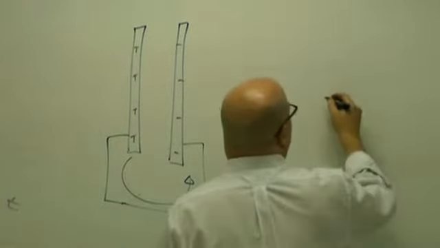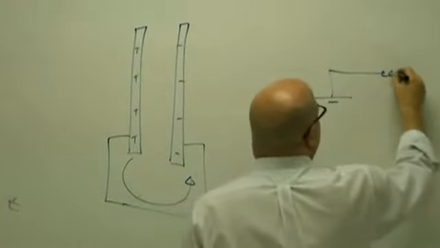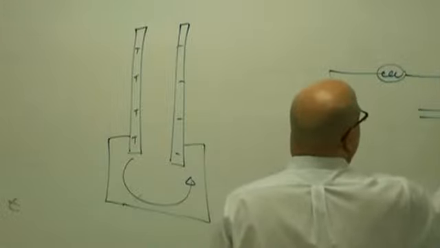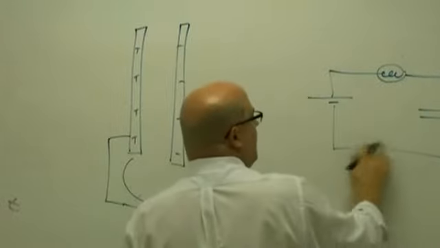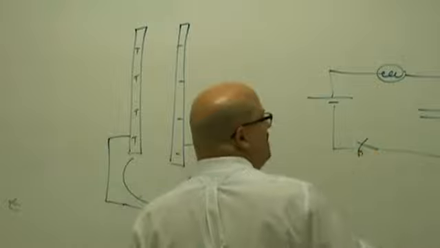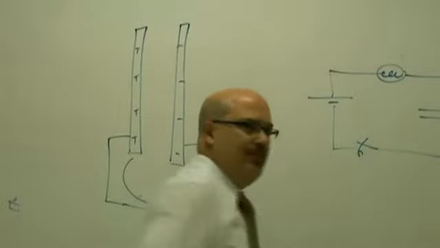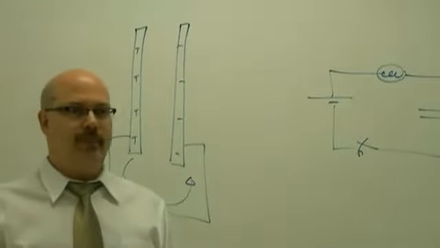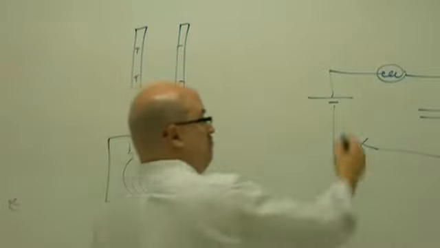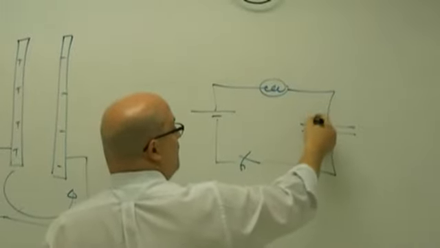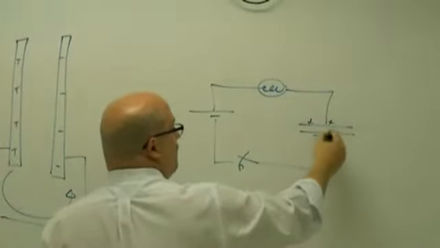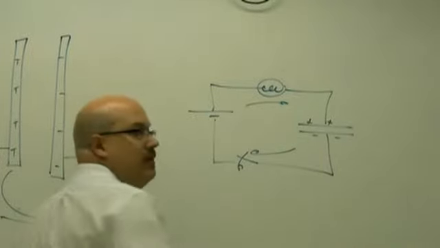So, what if I have a circuit like this? I've got a light bulb and a capacitor, and I have this switch, and I throw the switch shut. What's it going to do? Charge will flow, but it'll start to build up. The light bulb will get dimmer until it turns off.